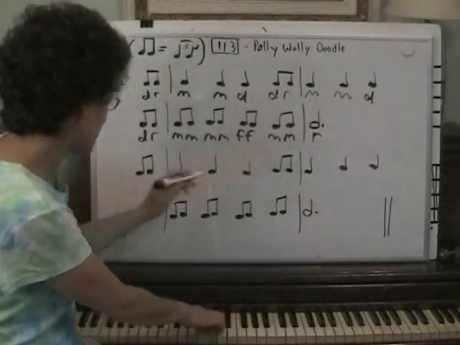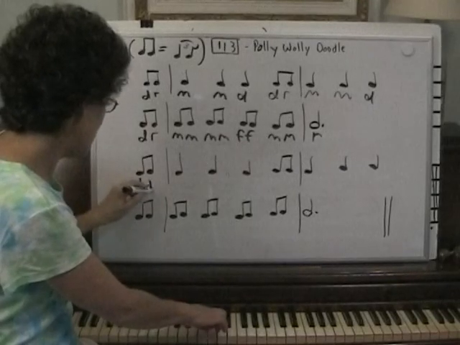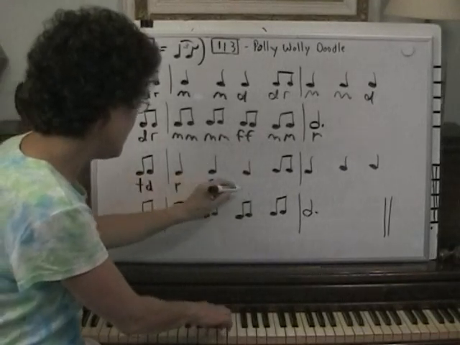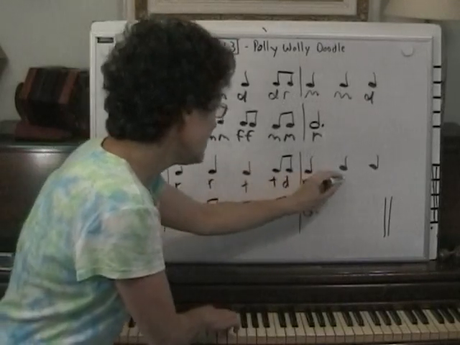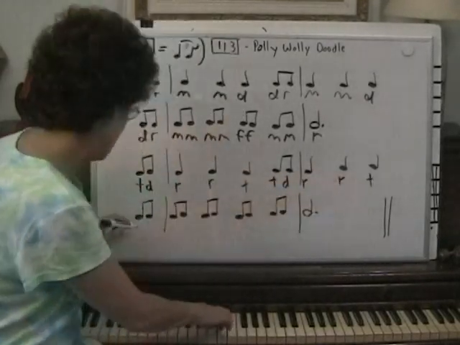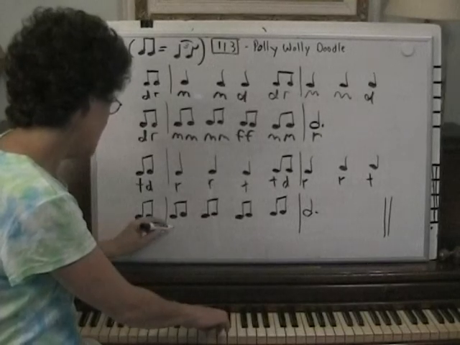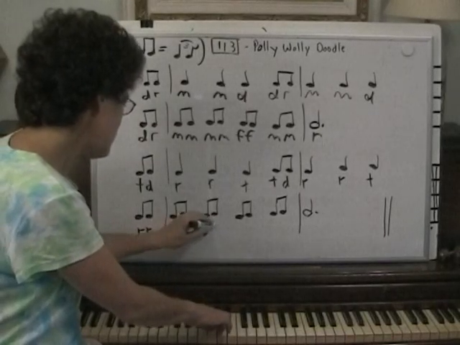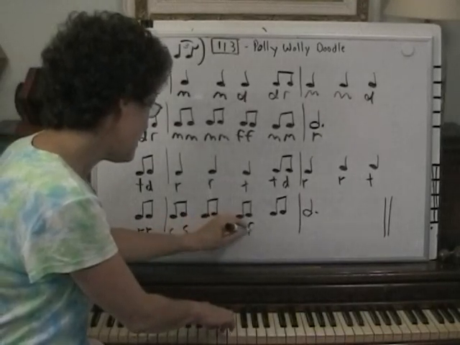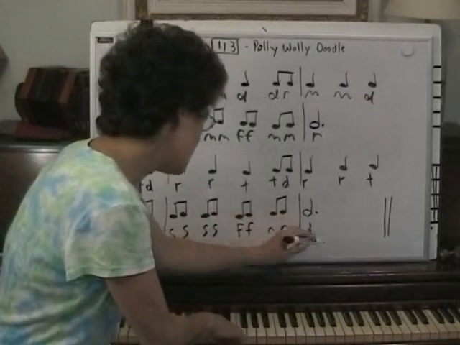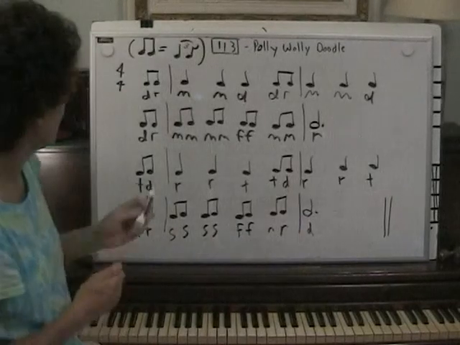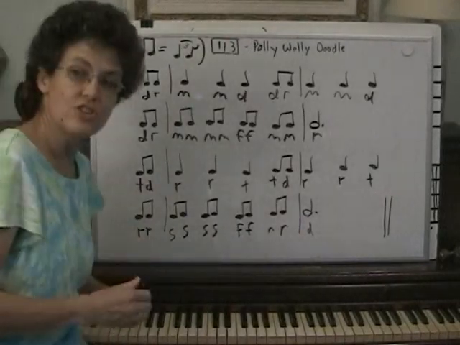And then it skips down to ti. Ti, do, re, re, ti, ti, do, re, re, ti, re, re, so, so, so, so, fa, fa, re, re, do. So there is the solfege for this song.